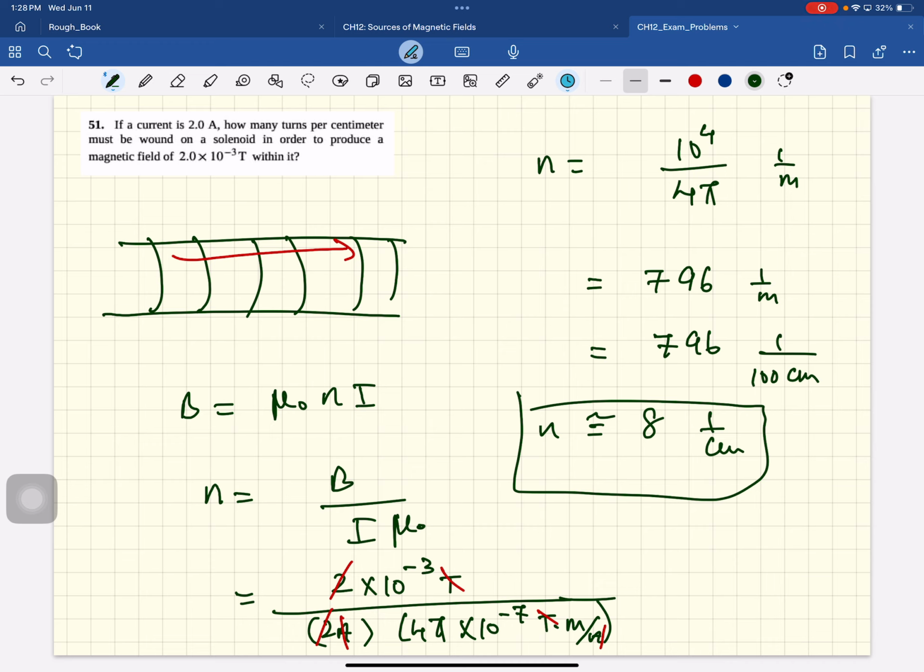Maybe I did my calculator wrong, but I got 78 turns per centimeter. No, 796 divided by 100 is 7.96. So you hit 10, not 100. Well, you don't even need a calculator for that.